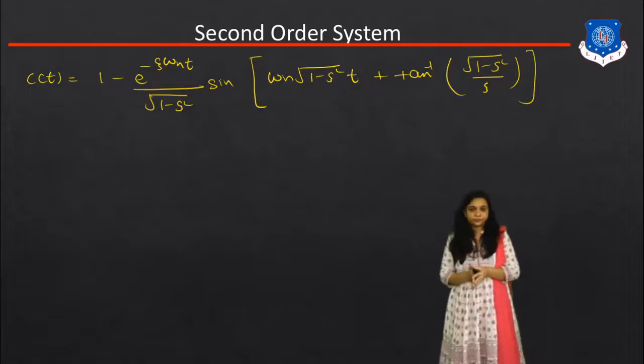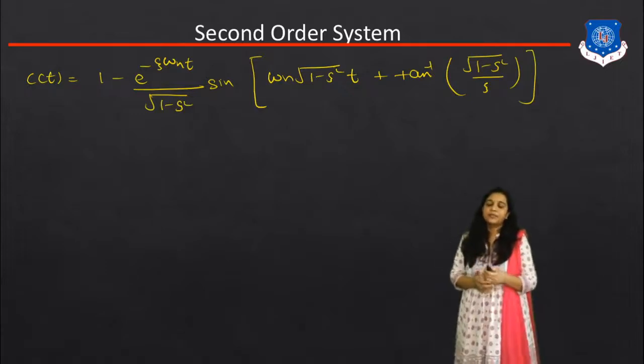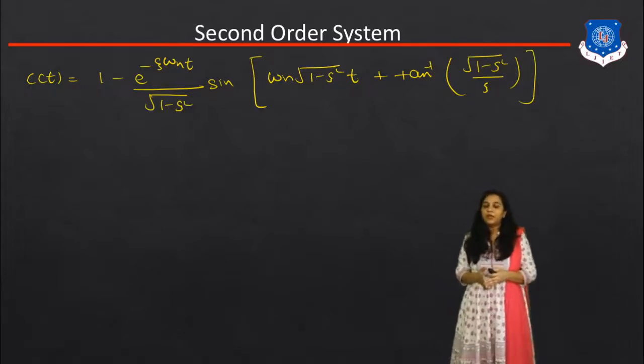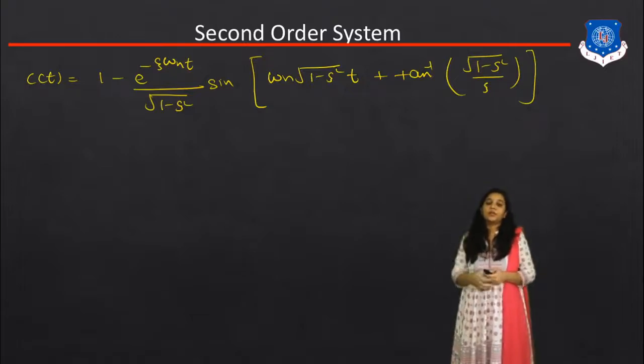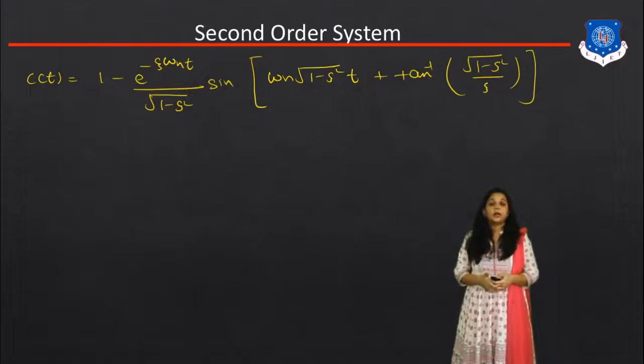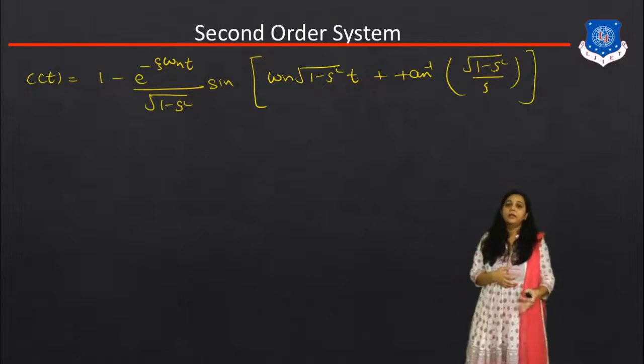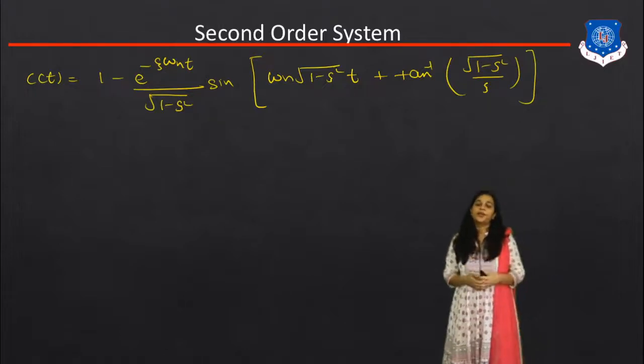Using the inverse Laplace theorem, we can find the value of C of t. So this is the final equation of the second order system in the time response analysis. For different values of zeta and omega n, we can get different responses.